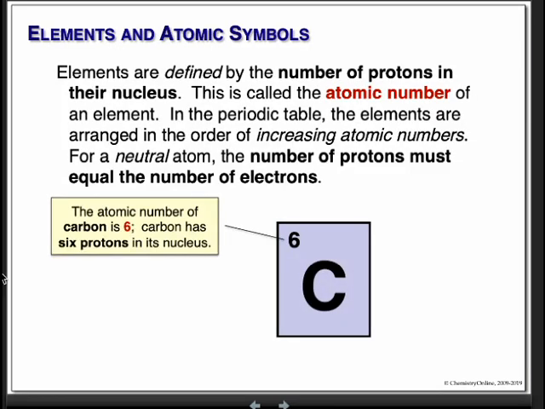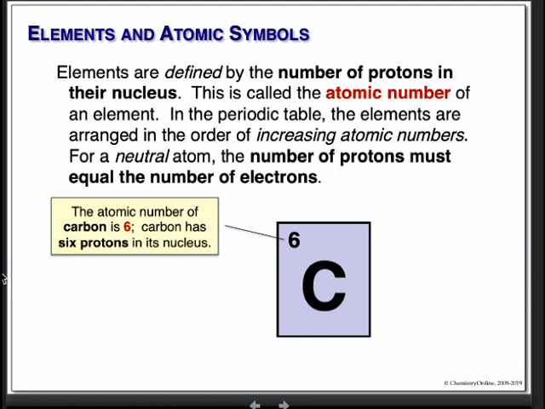All right. If you look at the periodic table over here, everything here has a number on top. That is referred to as the atomic number. The atomic number is the number of protons in the nucleus.